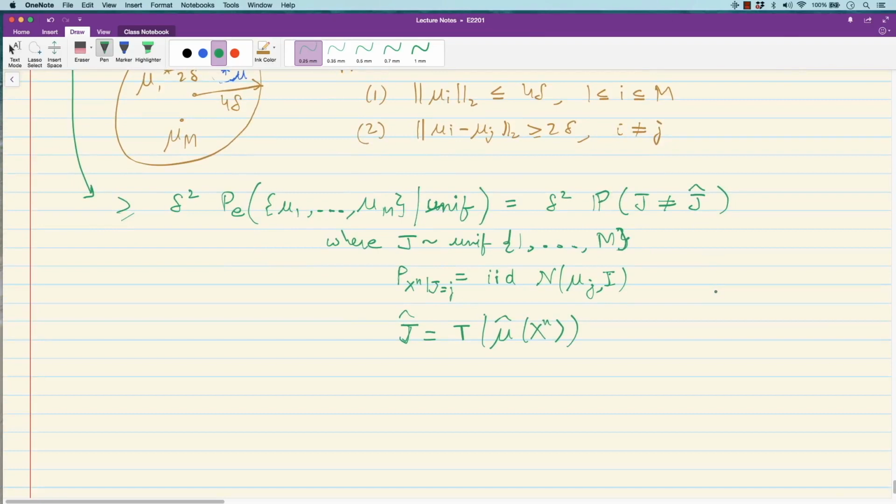Now, this is where information theory kicks in. We can lower bound this probability by Fano's inequality.